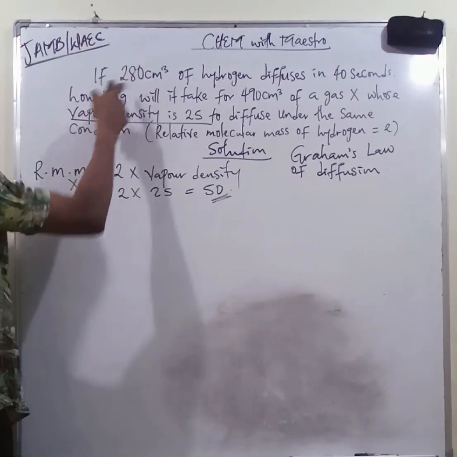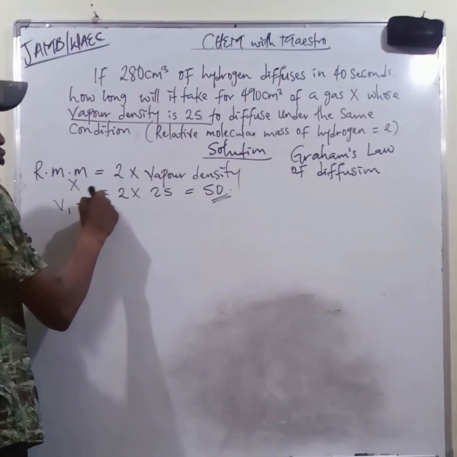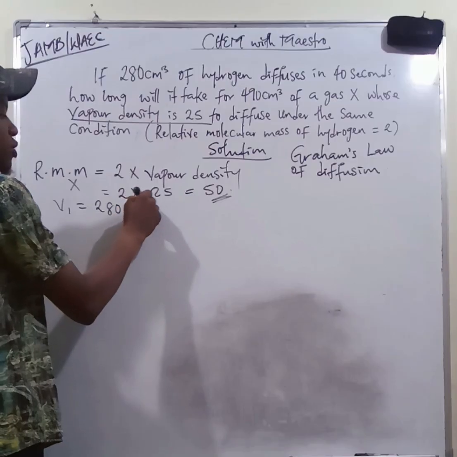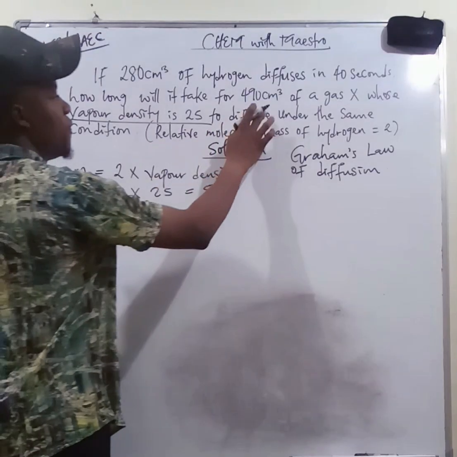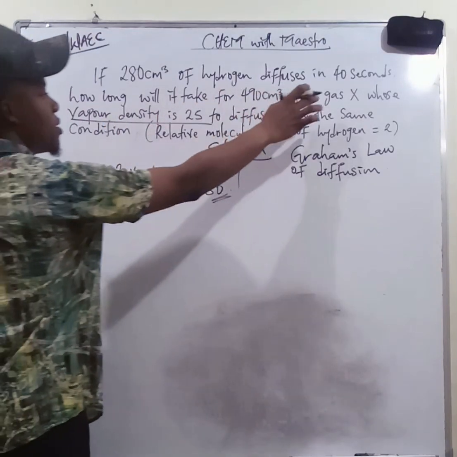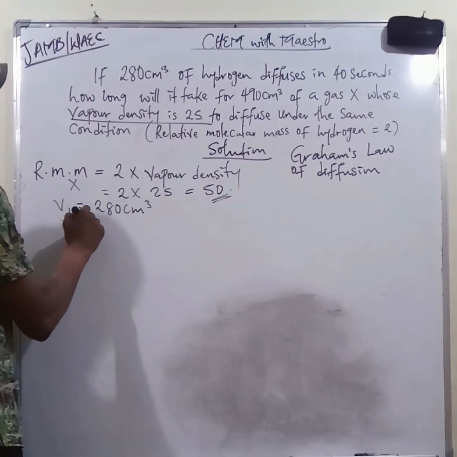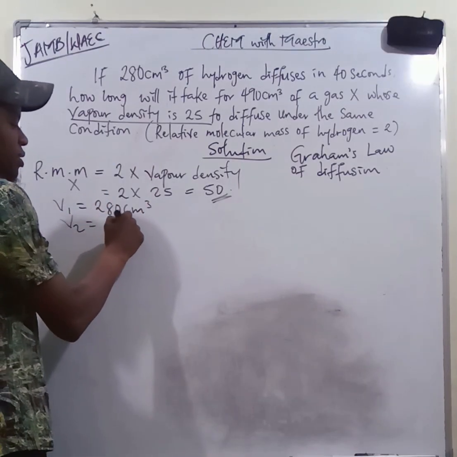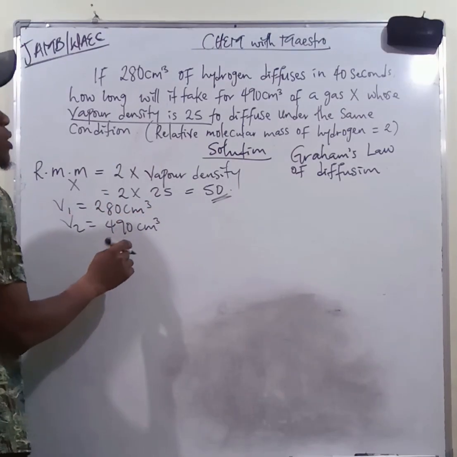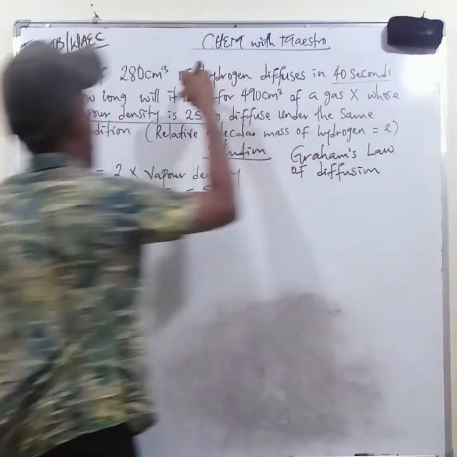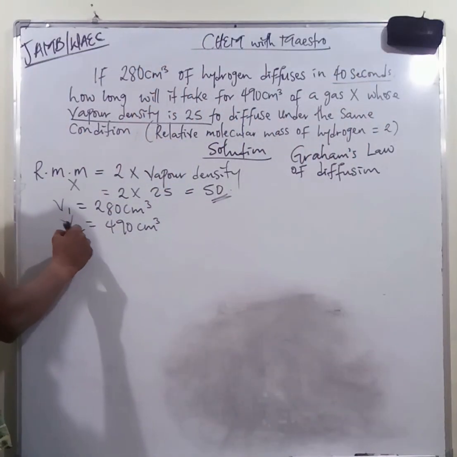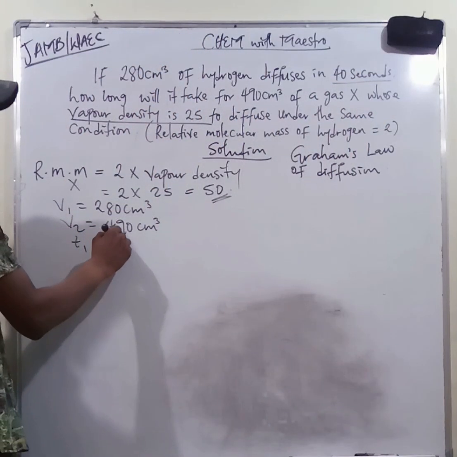Now, we are given our first volume, V1 is equal to 280 centimeter cube. And then we are given our V2 for X, which is equal to 490 centimeter cube. Then we are given a time for hydrogen, so our T1 is equal to 40 seconds.